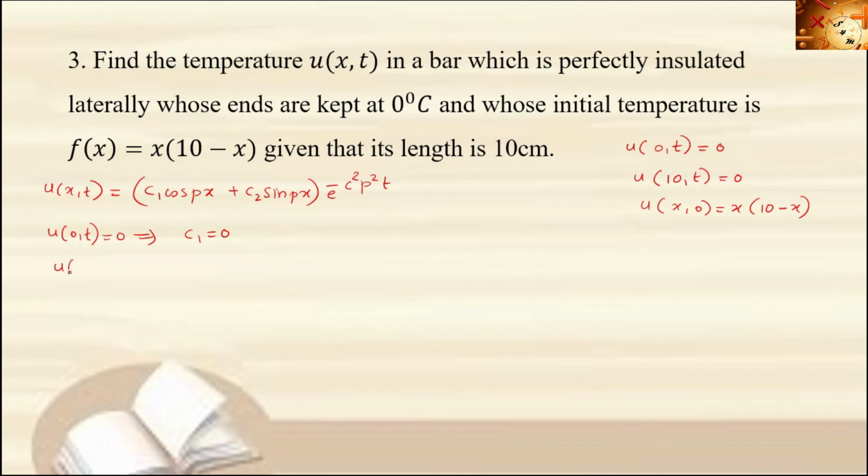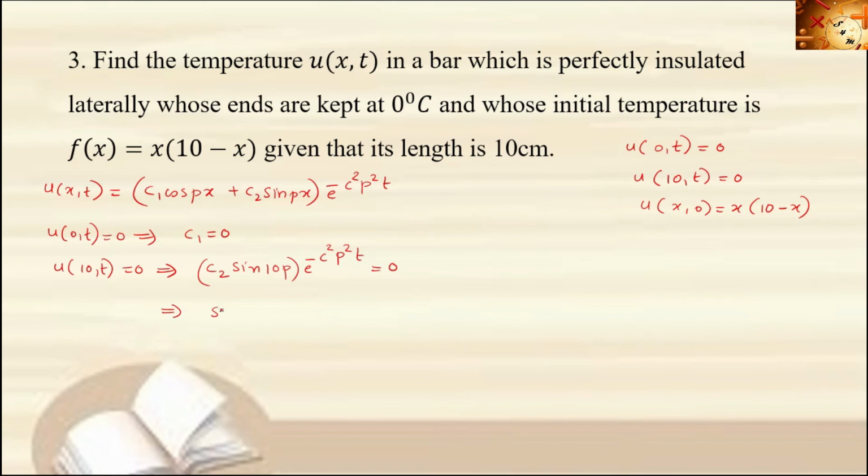Then U of 10,t equal to 0 implies c2 sin 10p into e raised to minus c square p square t is equal to 0.